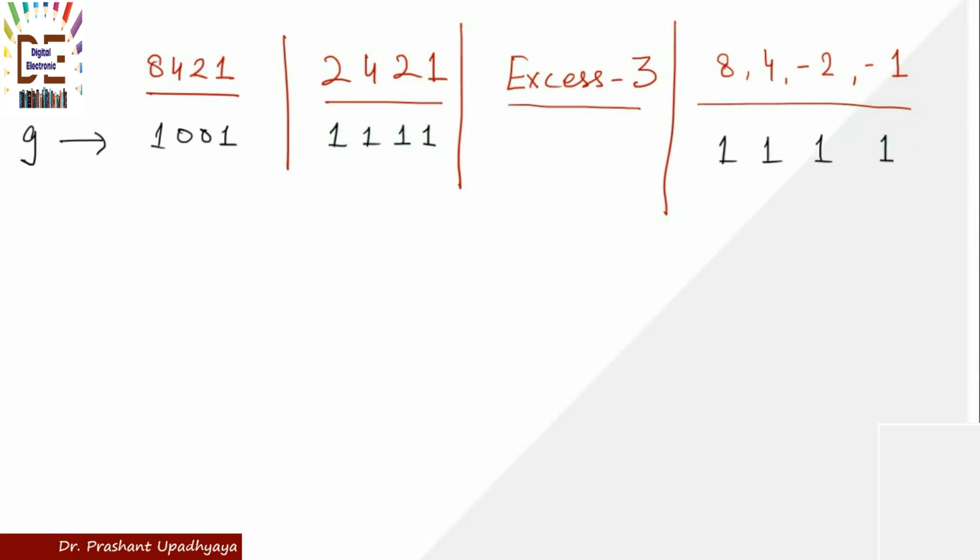We have got the excess 3 code. When we are talking about the excess 3 code, it is an unweighted code. These are the unweighted codes. For example, let's suppose I write 0100.